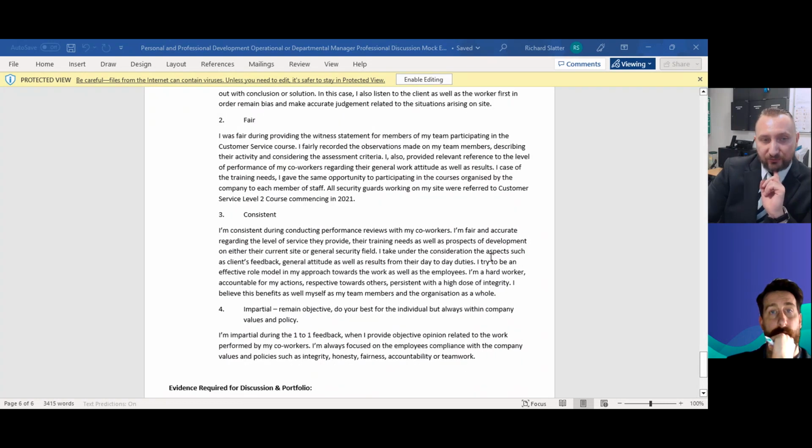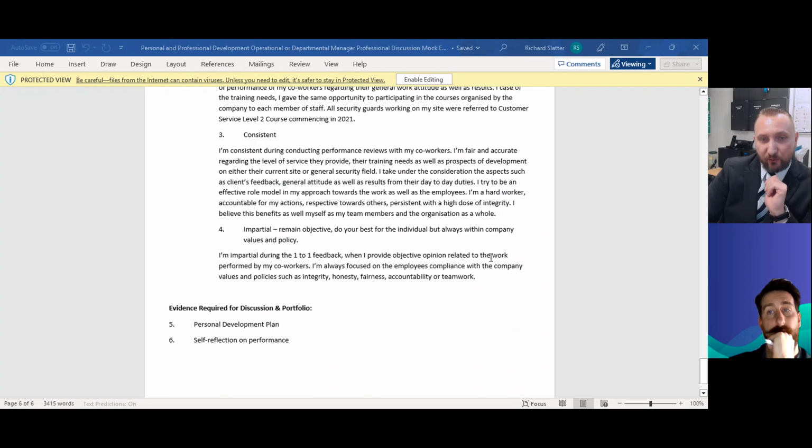Consistent. I'm consistent when conducting performance reviews with my coworkers. I'm fair and accurate regarding the level of service they provide, their training needs, as well as prospects of development on their current site or in the general security field. I take into consideration aspects such as clients' feedback, general attitude, as well as results from their day-to-day duties.